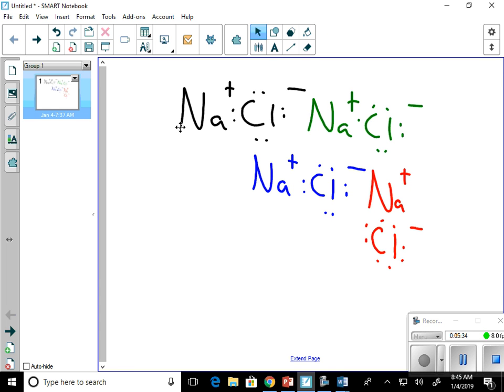The exact same full charge that's holding one Na plus to one Cl minus is what's holding one NaCl to a second NaCl, or a third. I mean, it's completely surrounded by it. So ionic compounds are held together really well. And things that are held together really well are usually going to be in a solid structure.